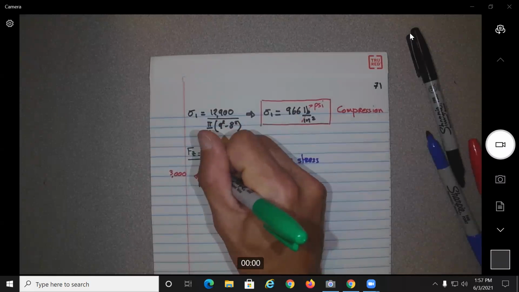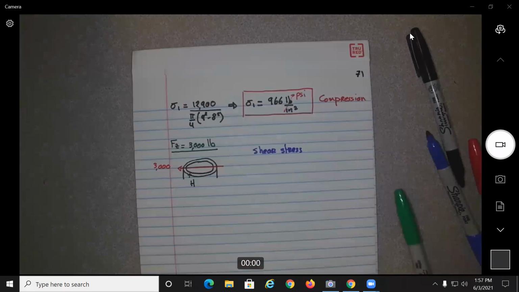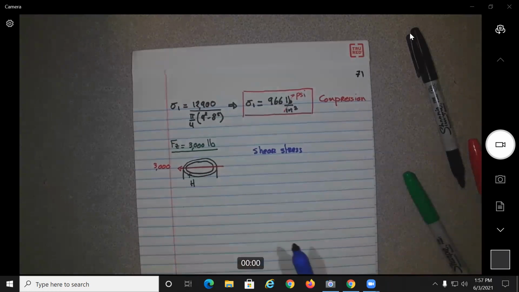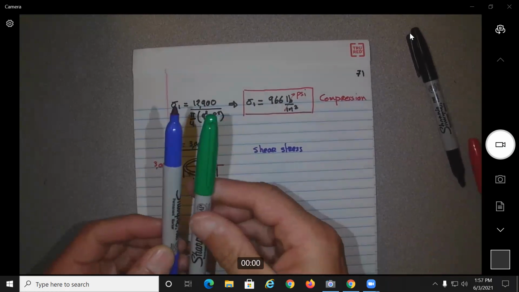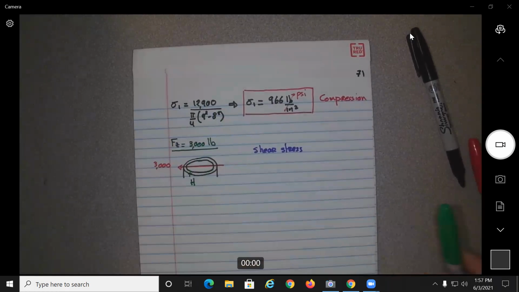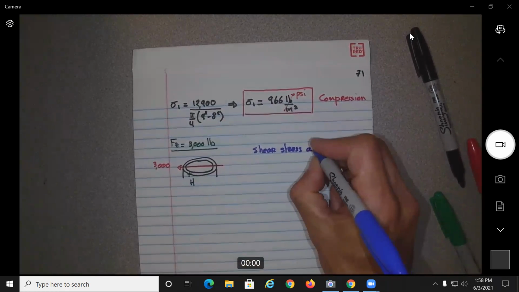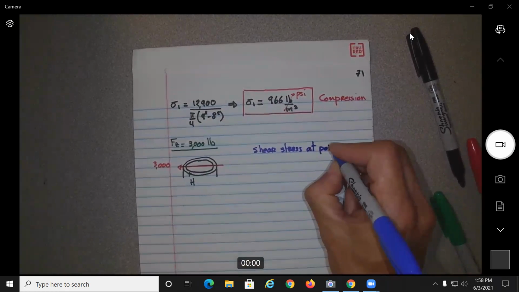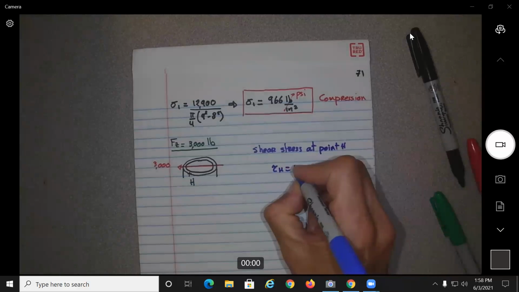It doesn't matter where it is. Let's say it's here. What would be the stress over there? Remember, what did we have for the I section? In order to have shear stress, you need to have one surface to rub against the other one. Is there any surface rubbing over here at point H? No, so we could say here that the shear stress at point H will be equal to what? 0.